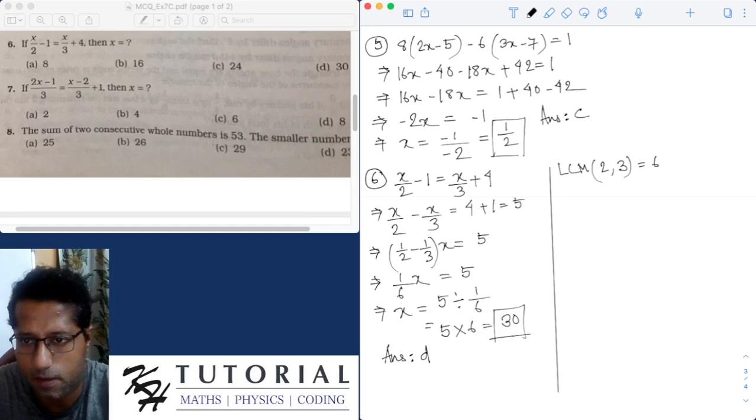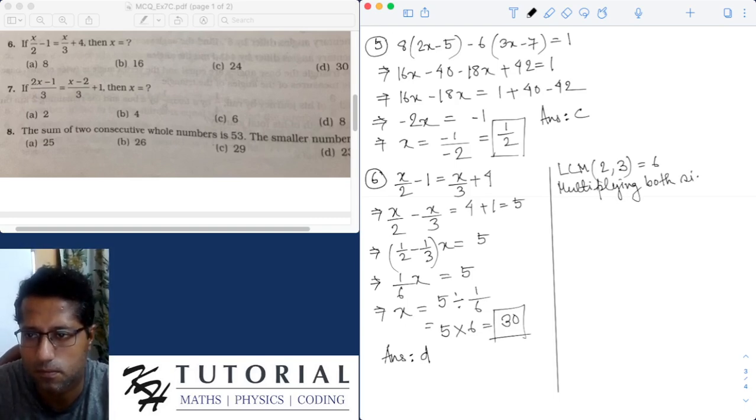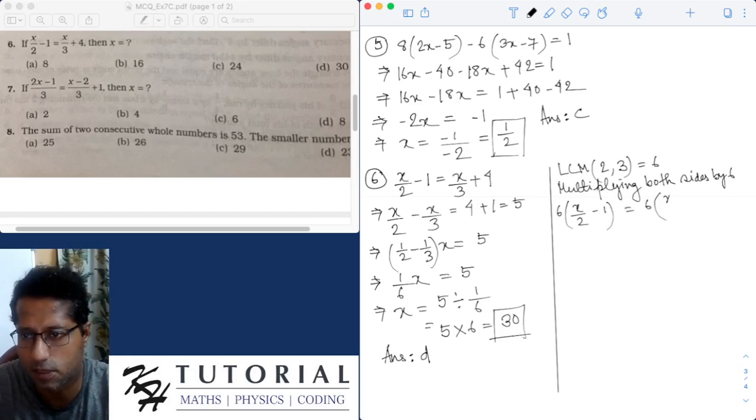So we multiply both sides by 6. We get 6 multiplied by LHS, that is x by 2 minus 1, equals 6 multiplied with RHS, that is x by 3 plus 4.